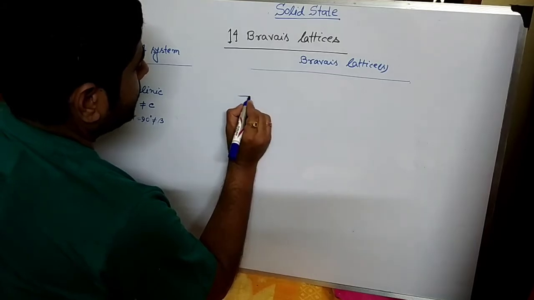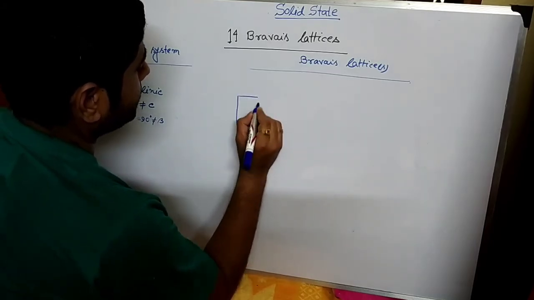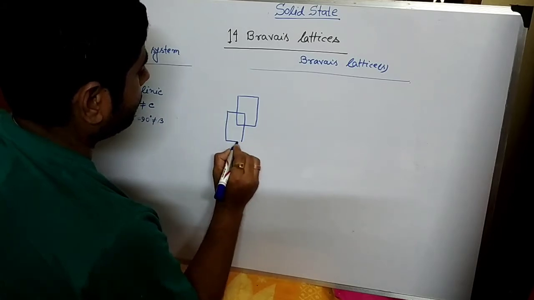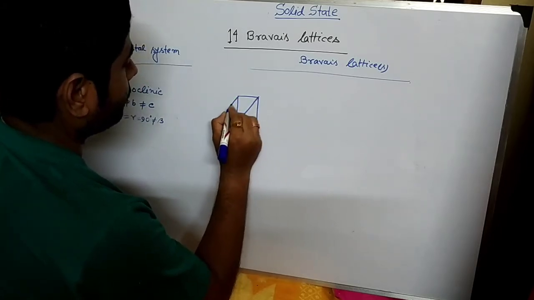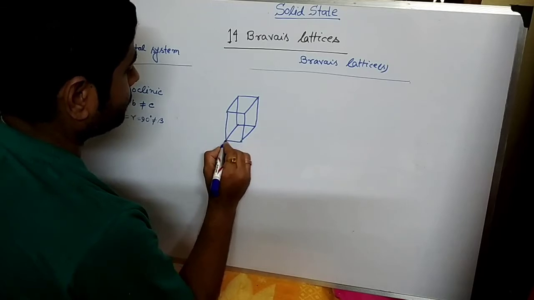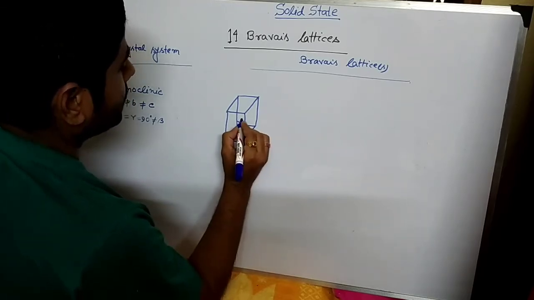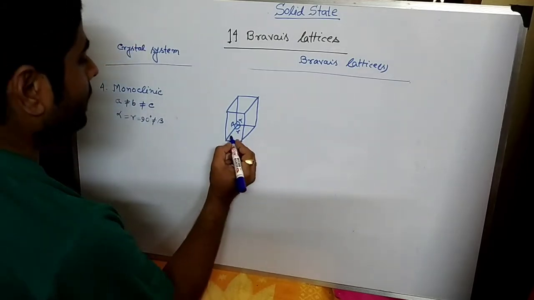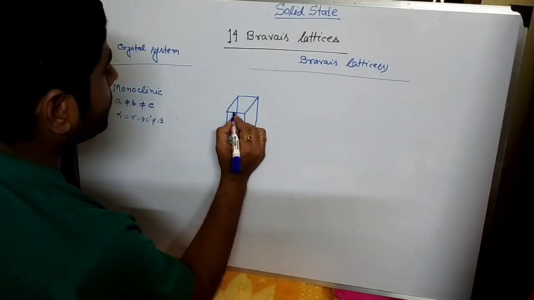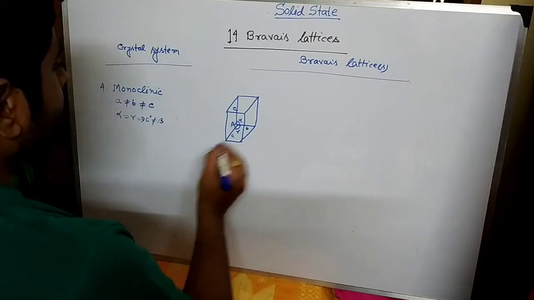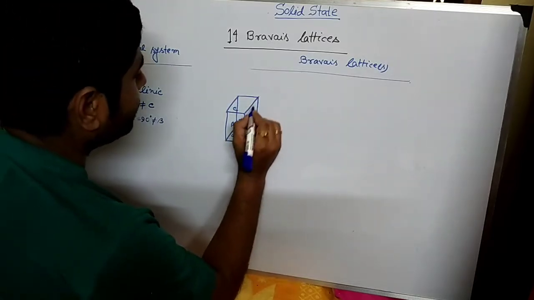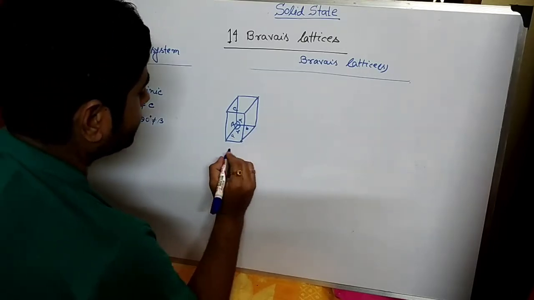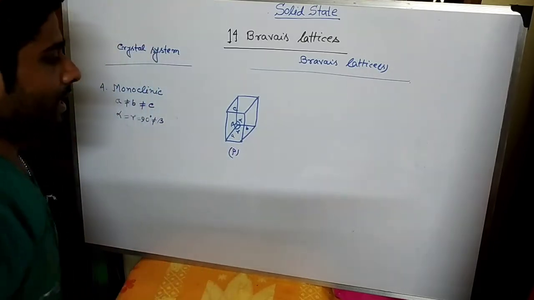So what will be the Bravais lattice system for this? It is alpha, beta and gamma, A, B and C. For this system we will get primitive, with all the 8 corners holding 1 lattice point each.